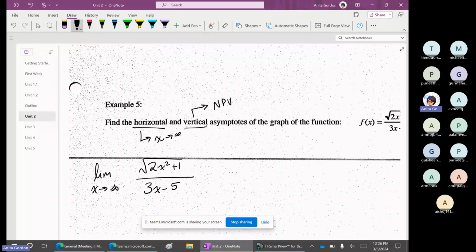Okay, let's do our strategy again. 1 over x times 1 over x. The bottom is going to be 3 minus 5 over x. In the top, I'm going to remind you of some rules. I can take that 1 over x and put it under the square root sign as long as I do what to it first?